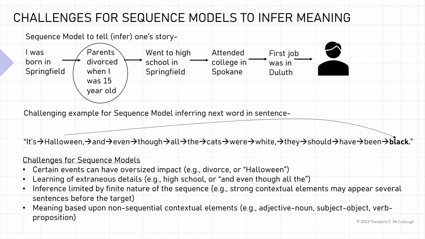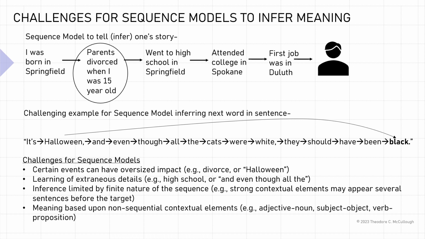And further, these inferences are limited by the finite nature of the sequence, namely that strong contextual elements, such as divorce or Halloween, may appear earlier on, before the target to be inferred. And then lastly, meaning can be based upon non-sequential contextual elements.